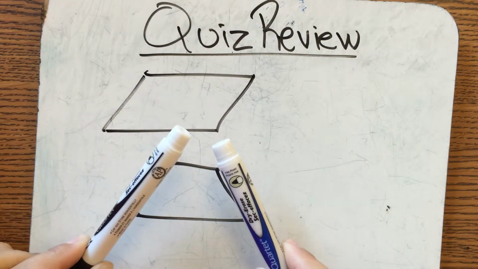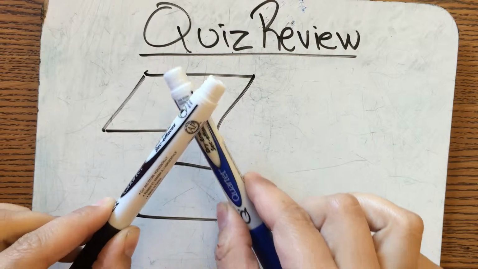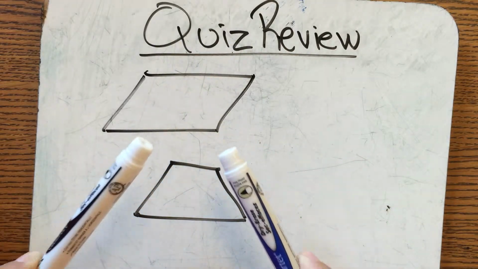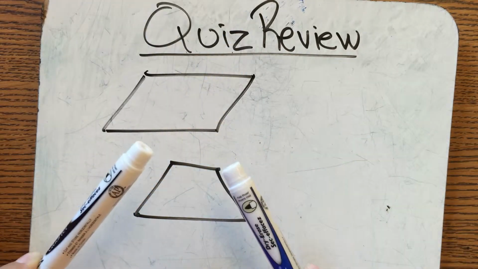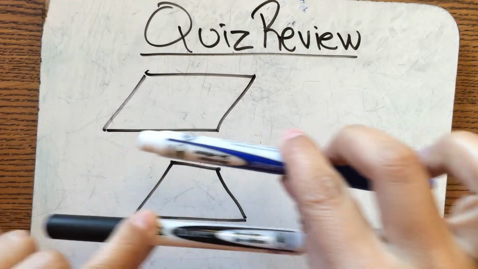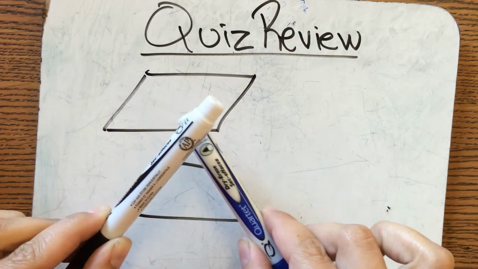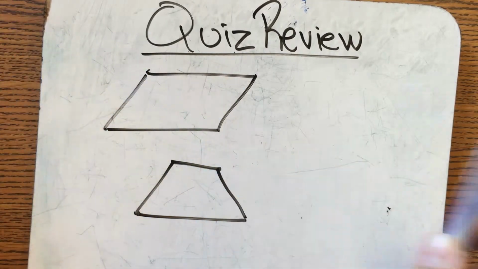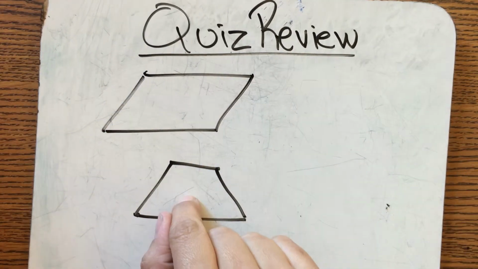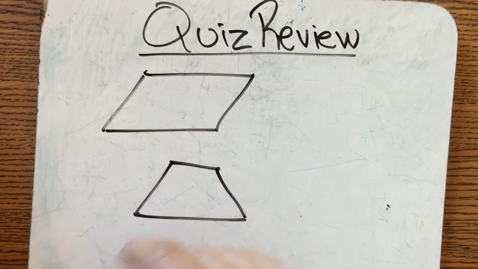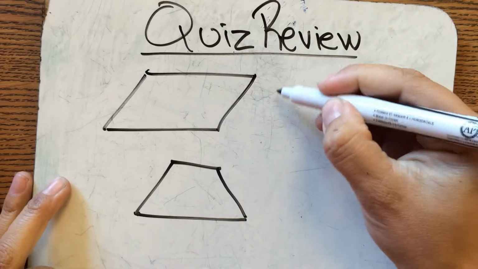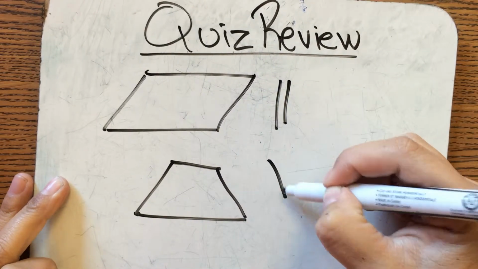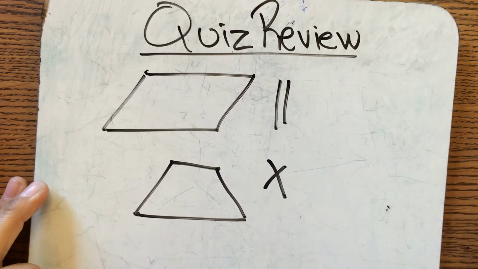A trapezoid has sides that will eventually intersect if you keep drawing the lines forever. Right? These are parallel, these two, but these are not. A parallelogram has parallel sides. A trapezoid does not. A trapezoid has sides that intersect. Okay? Parallel, intersect.